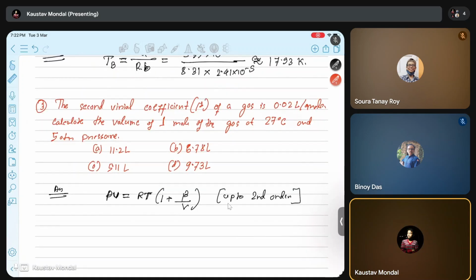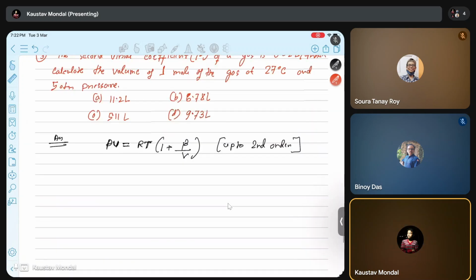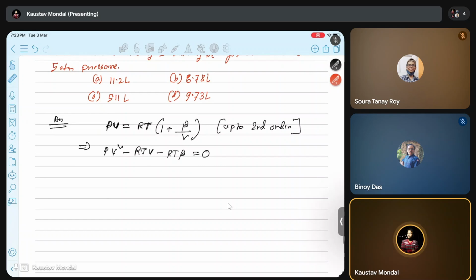As you can see, this will become a second order equation. Multiply V on both sides, so P V squared minus RT V minus RT beta equals 0. This is a second order equation.